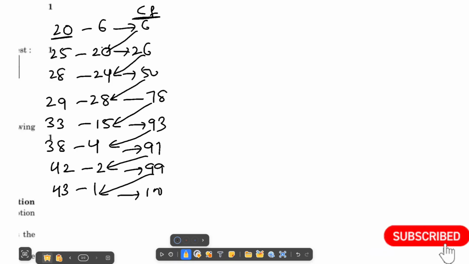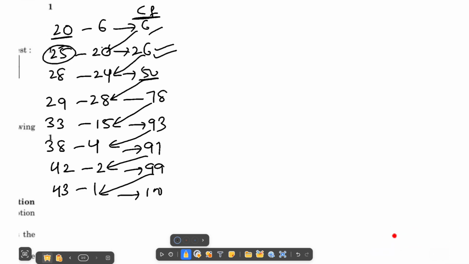So here the meaning is: from observation 7 to observation 26, the observation is 25. From the 27th observation to the 50th observation, it is only the number 28.